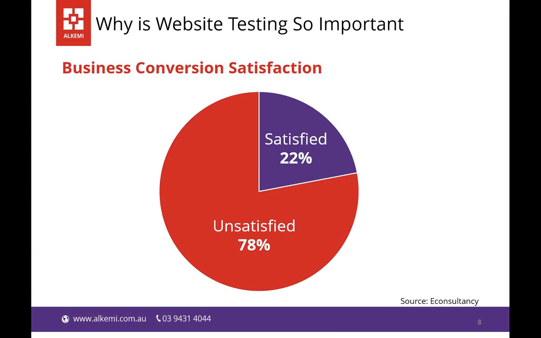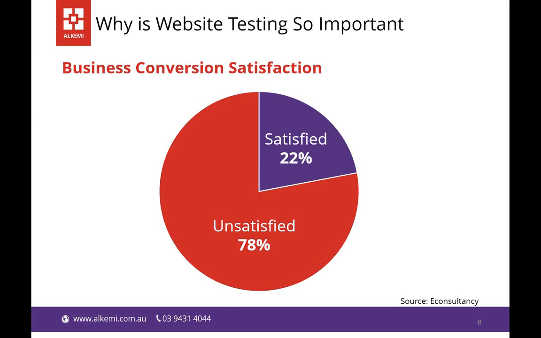So let's go through some basic statistics about conversion and how that relates to testing and the general business attitude. We've currently got a scenario where online businesses surveyed by e-consultancy as to their satisfaction with their website's conversion rate, 78% of businesses are reporting a lack of satisfaction with their on-site conversion rate.